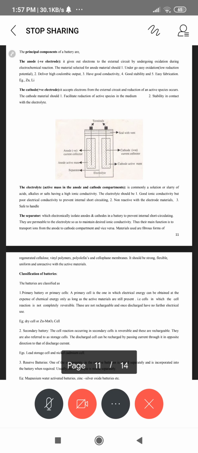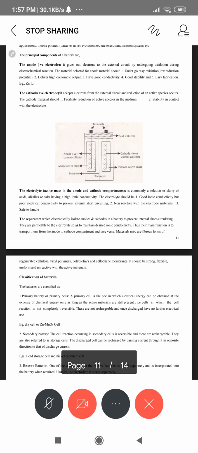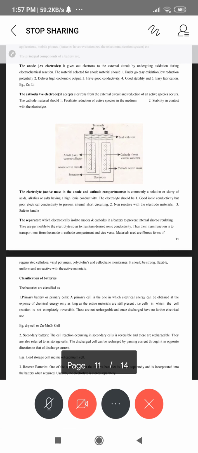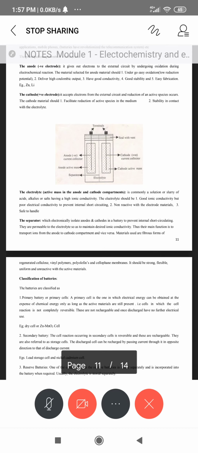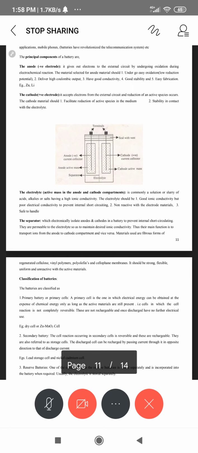In the same way, if 1 hour is discharge and half an hour is recharge, the efficiency is 200%. So when discharging time is more and recharging time is less, the efficiency is more.